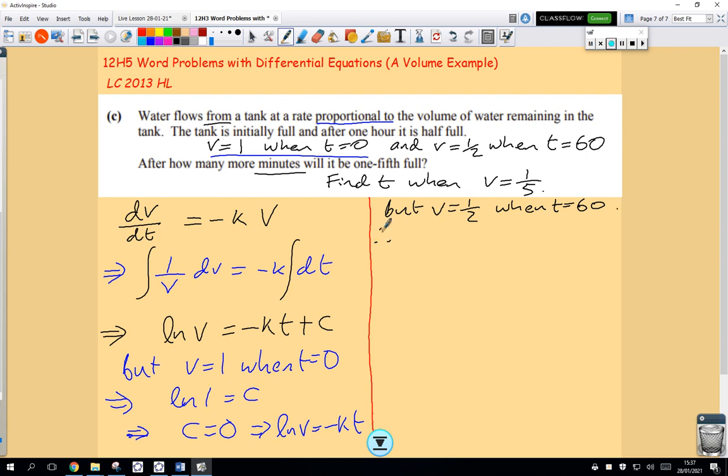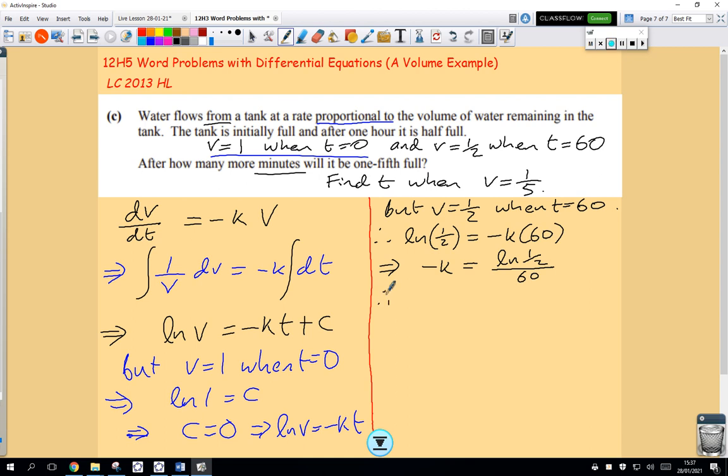So natural log of 1/2 is equal to negative K times 60. And from that I can establish that negative K is just going to be equal to the natural log of 1/2 over 60, dividing both sides by that.